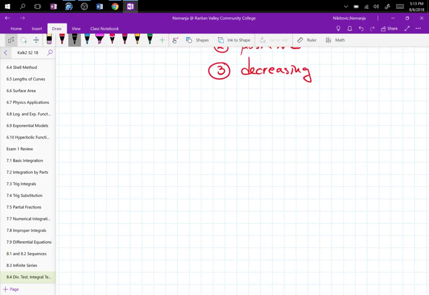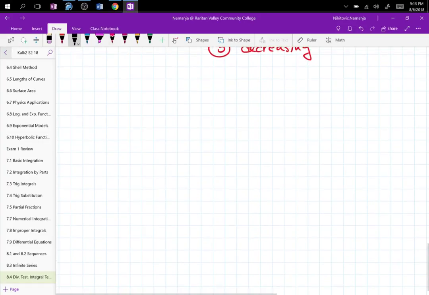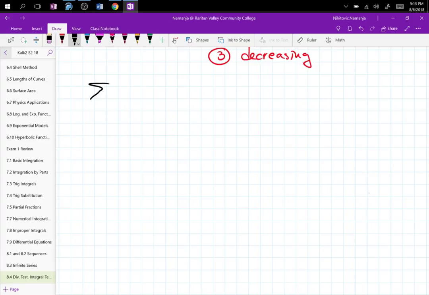Now it's time for us to take a look at the problem with the series, n starting at 1 to infinity of 1 over n. So this is called the harmonic series.